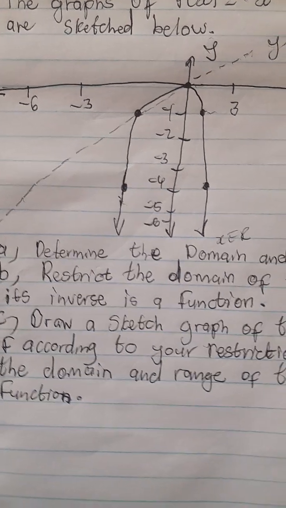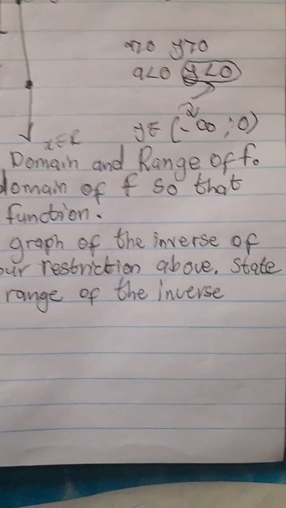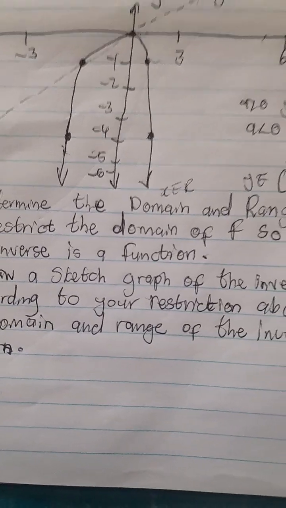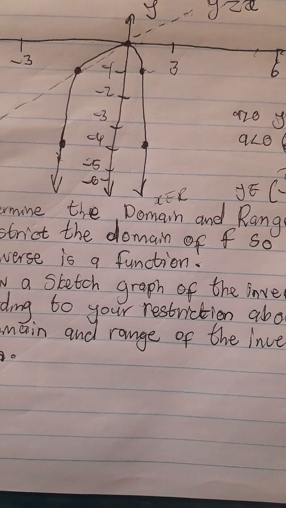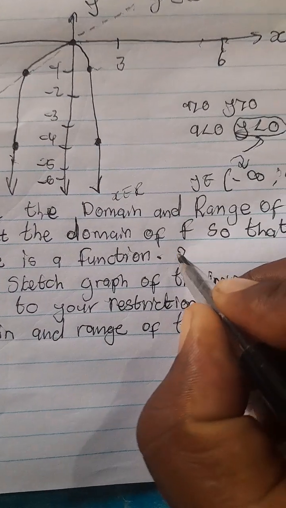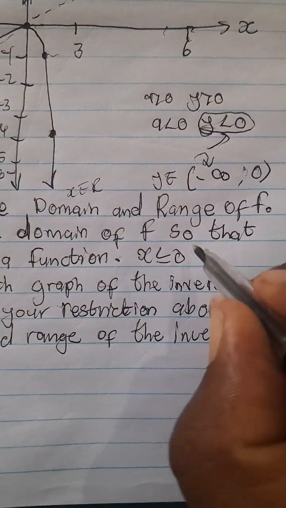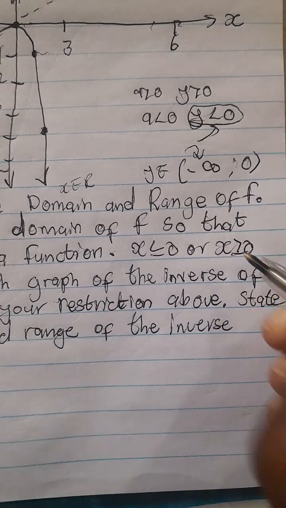Number 2, or B: restrict the domain of f so that its inverse is a function. Remember what I told you yesterday. When we restrict, it's either x is less than or equal to 0, or x is greater than or equal to 0.